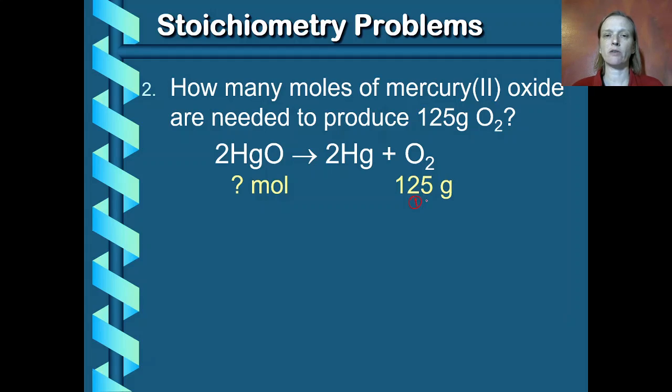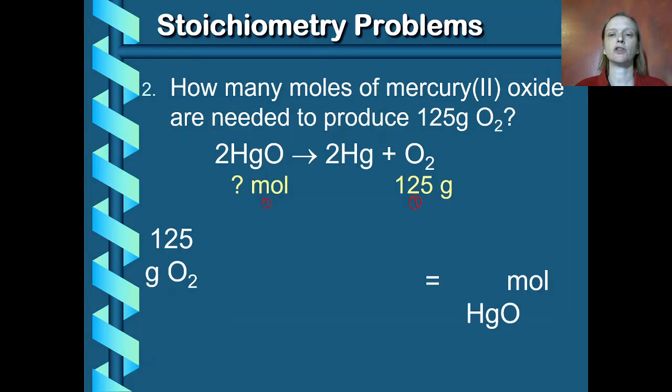It's going to take another conversion factor to go from moles of one substance to moles of another substance. But then once I'm here, my unknown is written in moles. The units are moles. So I don't have to have another step. This is going to be another two-step process. Starting with 125 grams of oxygen, ending with moles of mercury(II) oxide.